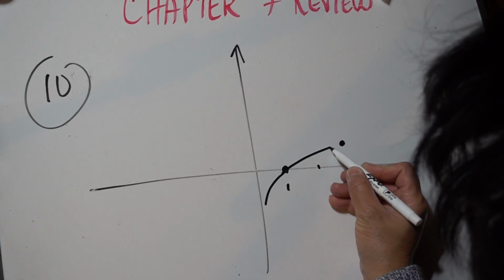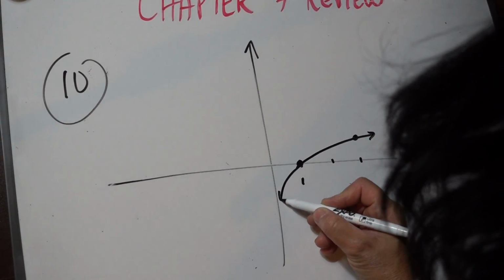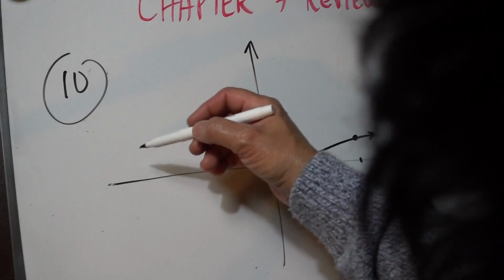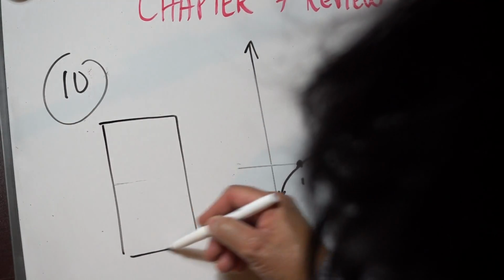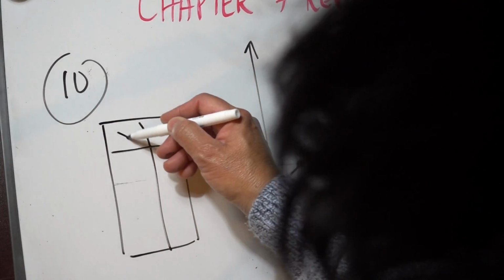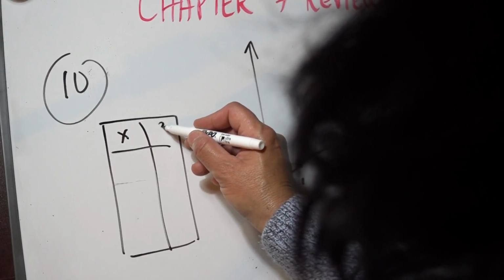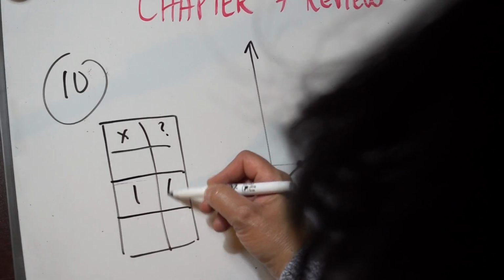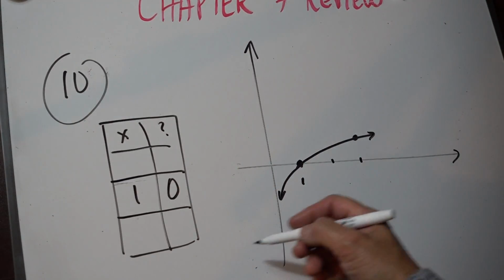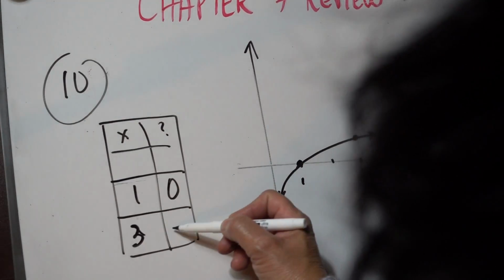Since we have so far these 2 points, this is x, and we're finding what the function is. We know the point 1, 0 is there, and the point 3, 1 is there.